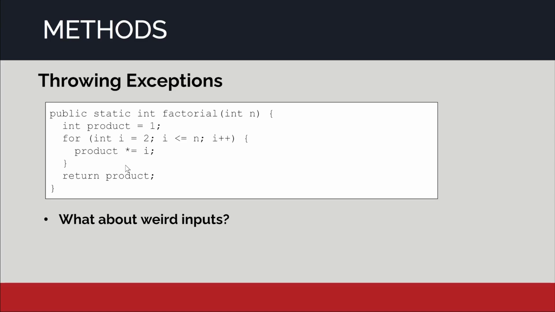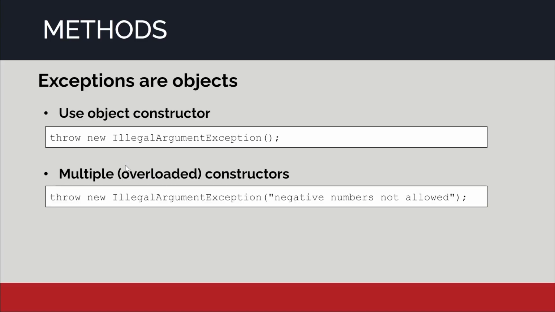Well, let's use an exception. And how can we go about using an exception? The same way that Java uses exceptions in its native code. An important thing to remember about exceptions is that they're just a type of object. You're going to create an exception by using the object constructor syntax.